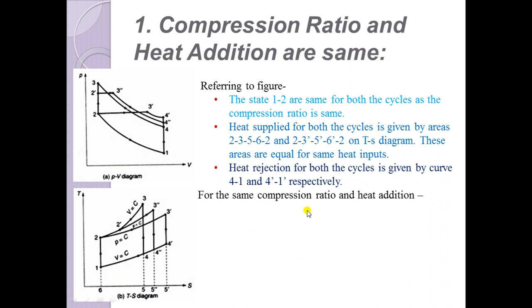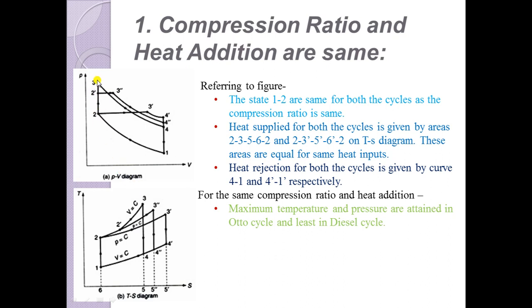The first observation is that maximum temperature and pressure are attained in Otto cycle and the least temperature and pressure in diesel cycle. So, you just observe the PV diagram. First we will see pressure.